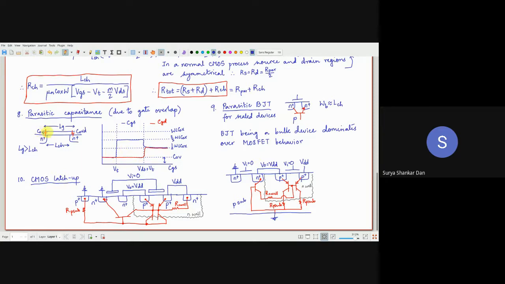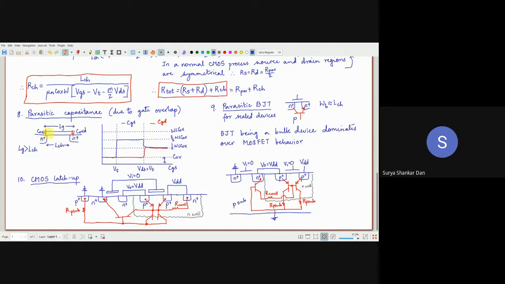Ideally, if you have a perfectly self-aligned process, remember, self-aligned process is valid only for long channel devices, not small channel devices. Then the COV concept itself doesn't arise. COV arises as a problem of short channel effect. If it is a short channel device, only then you cannot use the polysilicon anymore. Remember all those things I taught you. If you are making it short channel, you have to make hafnium oxide.